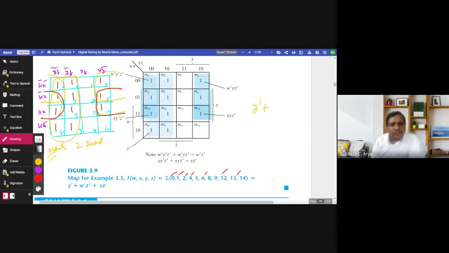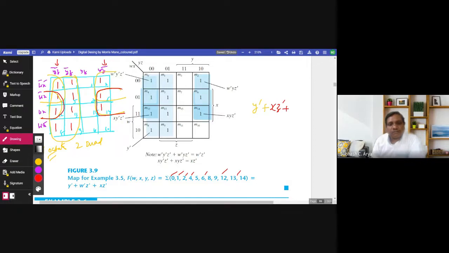It covers 2 rows, w bar x and w x, so x is covered, and for the 2 columns, z bar is covered. So the solution of this first quad is x z bar.